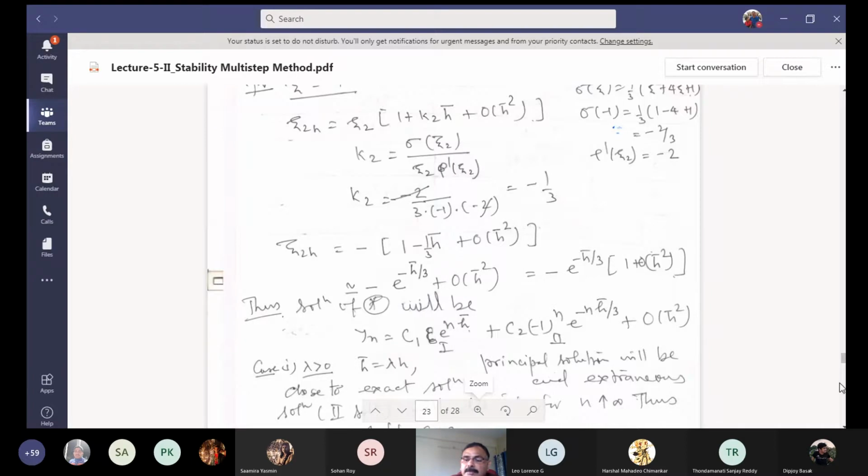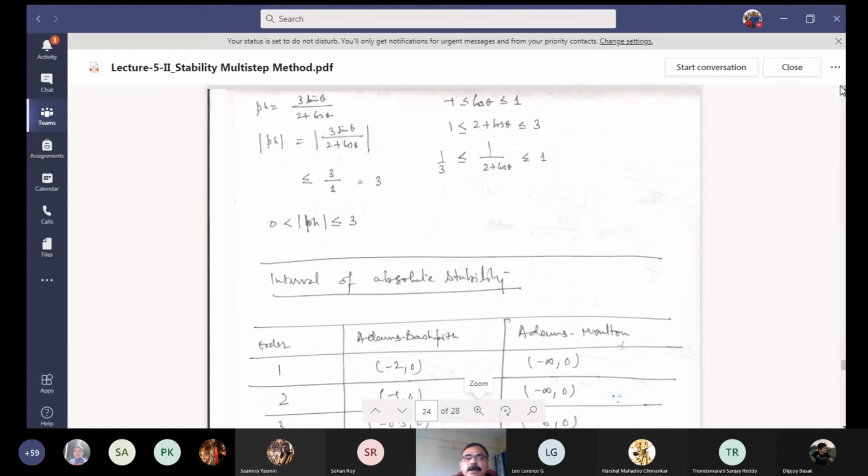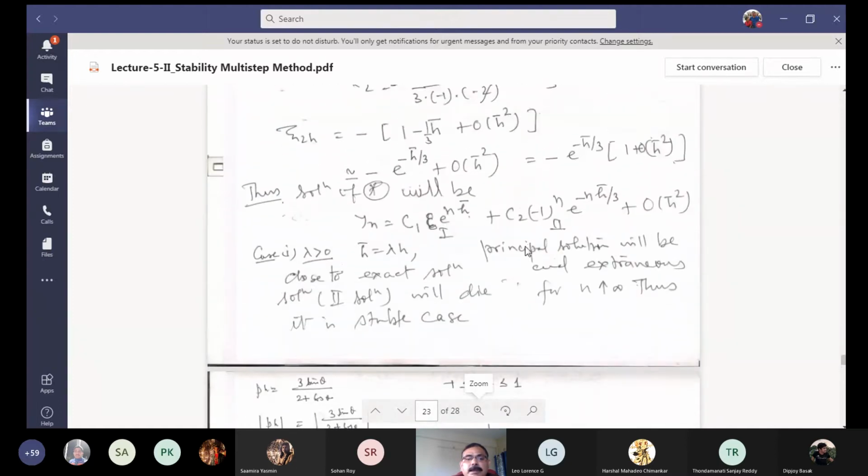Now, the general solution can be written as C1 xi 1 to power n plus C2 xi 2 to power n. So the general solution is y n equal to C1 e to power n h bar, with capital order h square combined here, and then C2, with minus 1 to power n, e to power minus n h bar by 3, plus capital order h square.